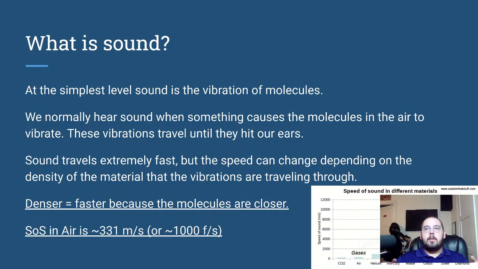These vibrations travel extremely fast, but you'll notice that they travel differently through different mediums. One way to tell this is if you've ever swum in a pool, if something makes a noise under the water, you may hear it faster than if you were in the air. Or the old movie trope where the person puts their ear to the ground and hears the sound vibrations traveling through it, so they know there's something miles away that way.